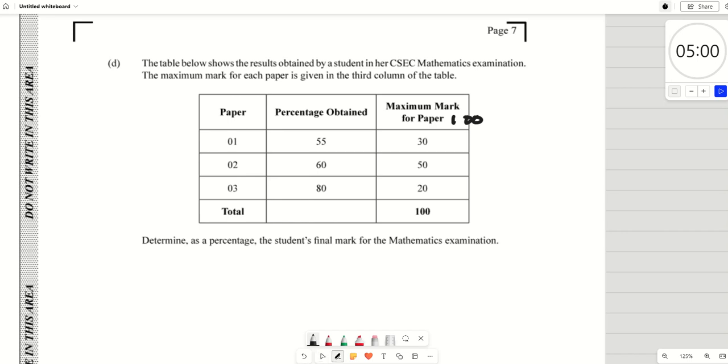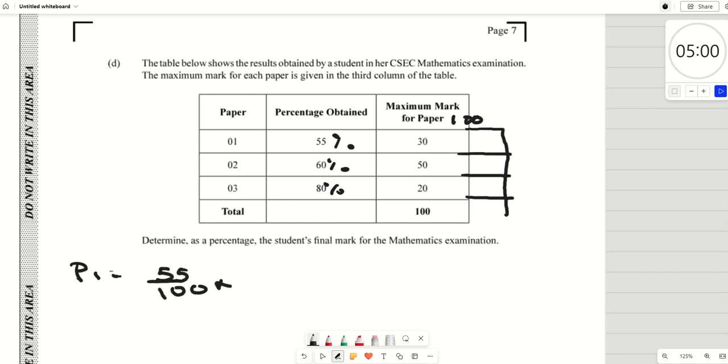So what we are going to do is find out the marks this person obtained for each paper. So we know that this is 55%, this is 60%, and this is 80%. So for paper 1, this person would have gotten 55% multiplied by 30 over 1, right?